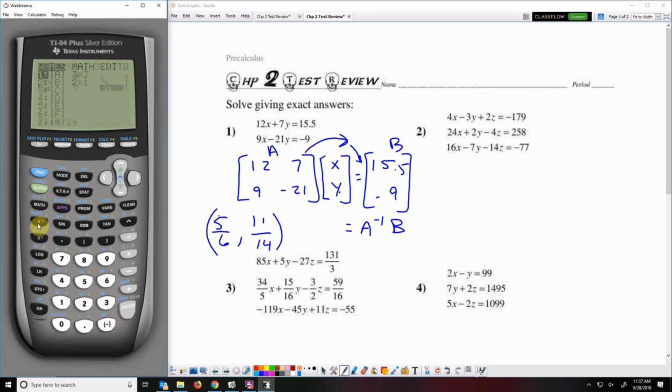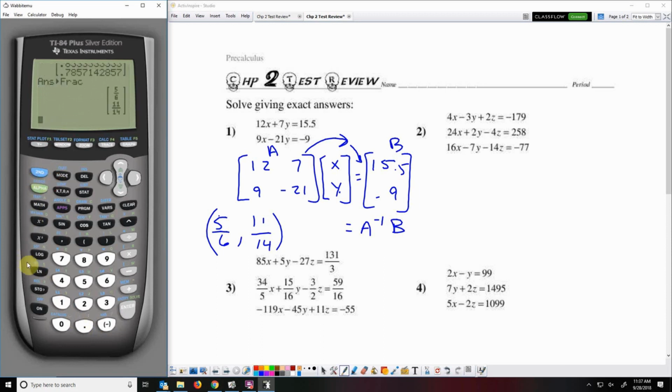And then go back to matrix, edit matrix 2 to a 3 by 1. And I've got negative 179, 258, and negative 77.